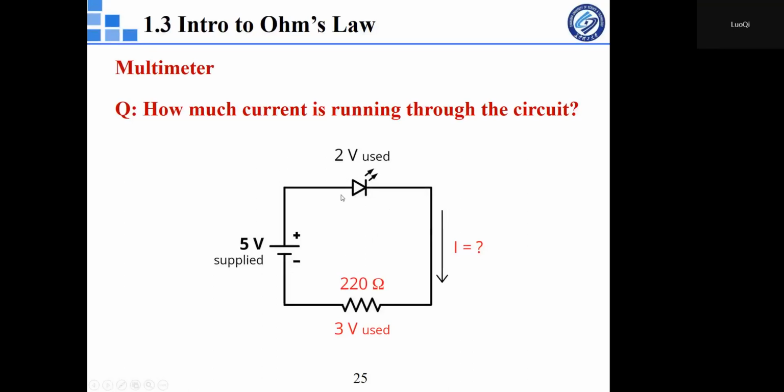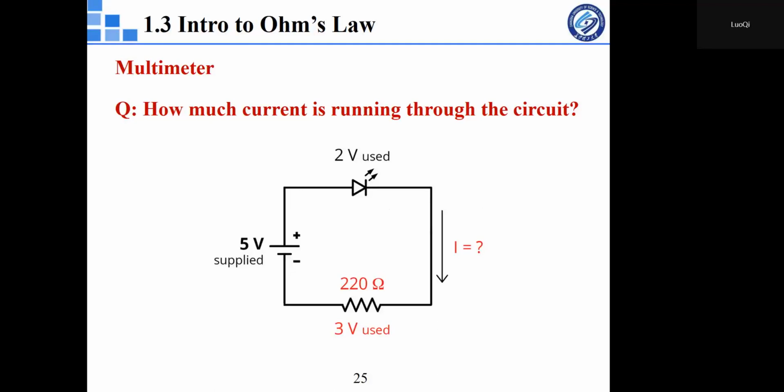The LED uses 2 volts, so there is a 3 volt drop left over the resistor. Okay, the LED uses the 2 volts, so there is a 3 volt drop left over the resistor.